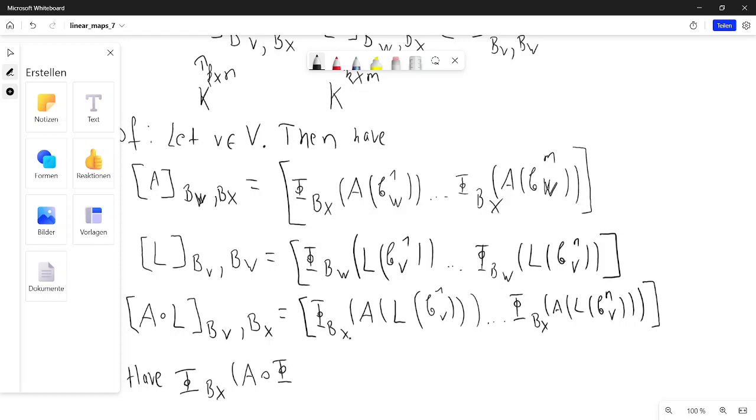Now carefully think about what that is supposed to be. Well, A is a map from W to X. So if it is a map from W to X, this is of course supposed to be W, and this is of course supposed to be W minus 1.